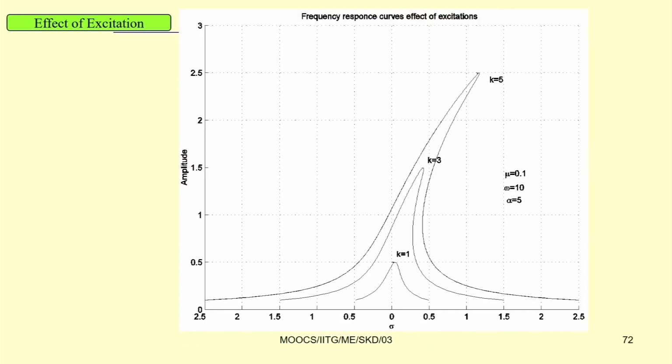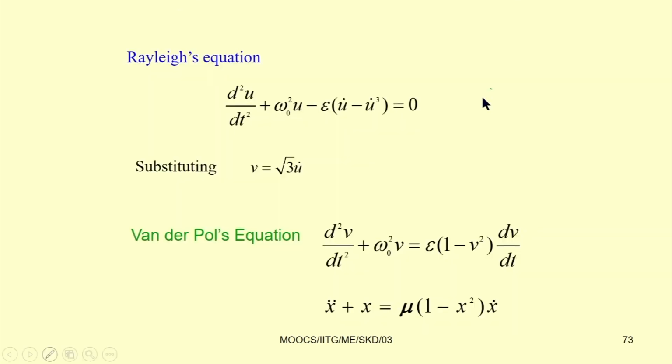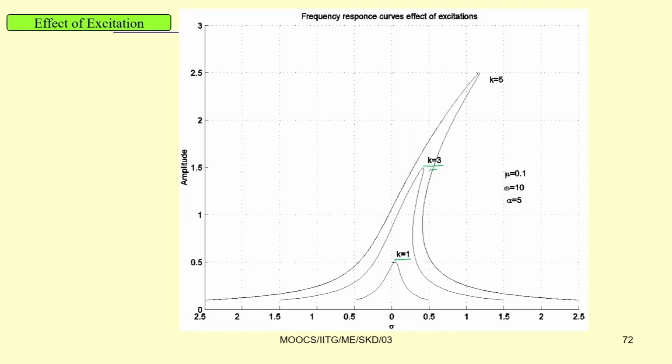So, let us see what is the effect of the excitation, that f cos omega t, that f is written in terms of k here. If you have different values of amplitude of excitation, you can plot the amplitude versus this.